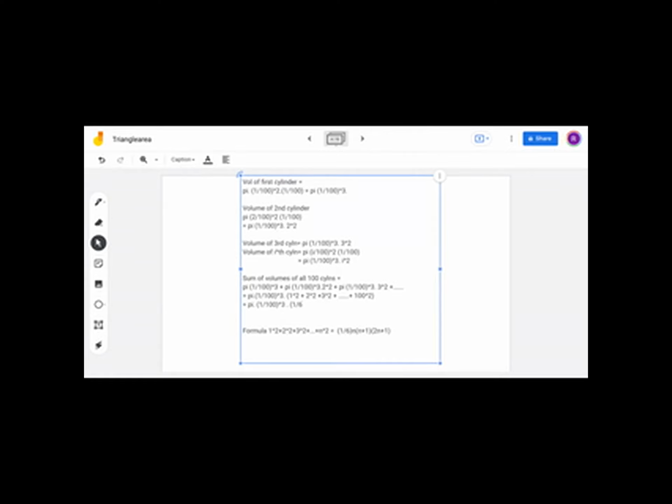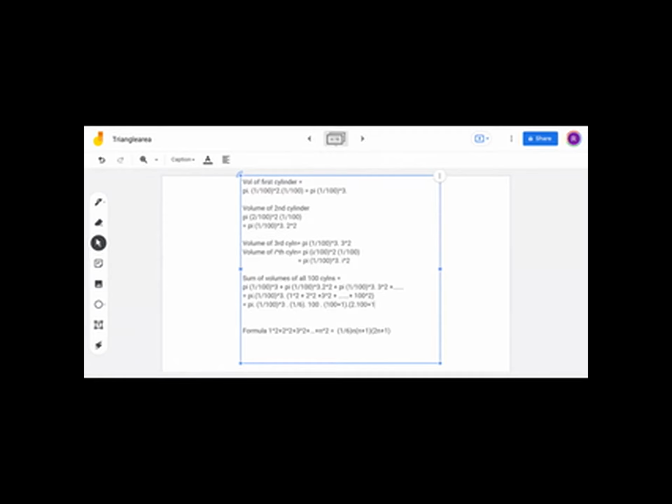Can you tell me what you will keep getting? 1/6 into? I have to put n equal to 100, correct? 1 squared plus 2 squared plus 3 squared till 100 squared times 100 into 100 plus 1 into 2 times 100 plus 1, correct?